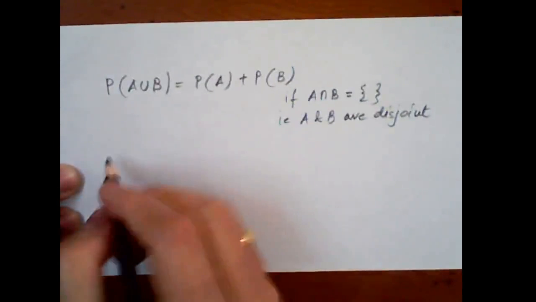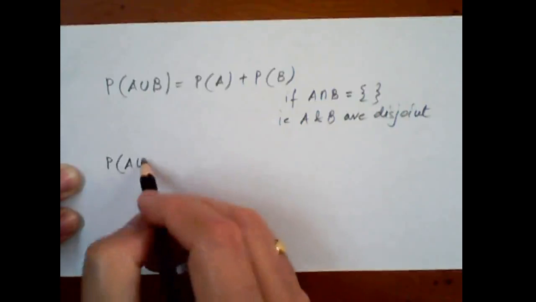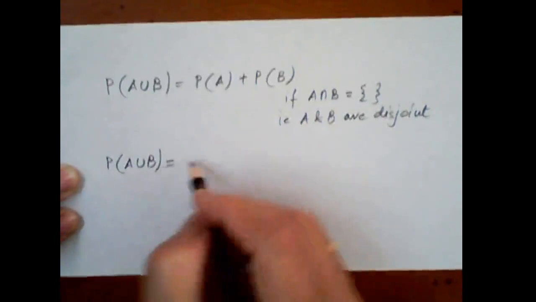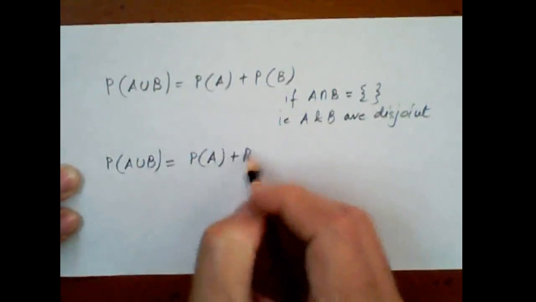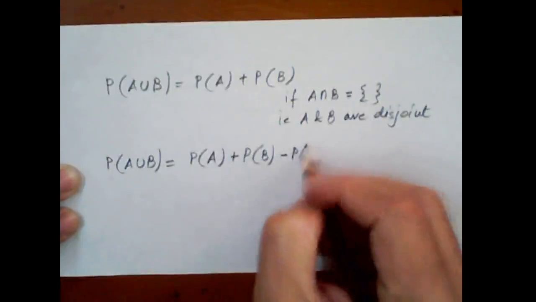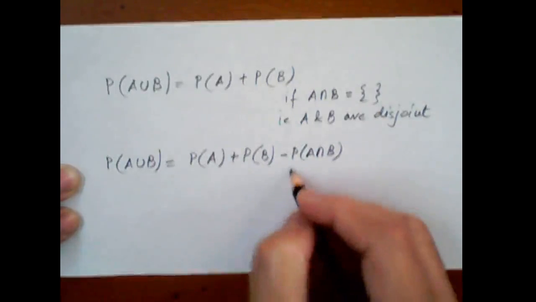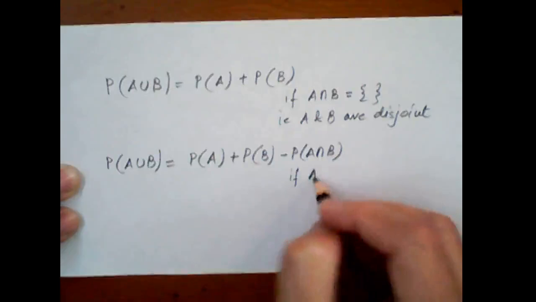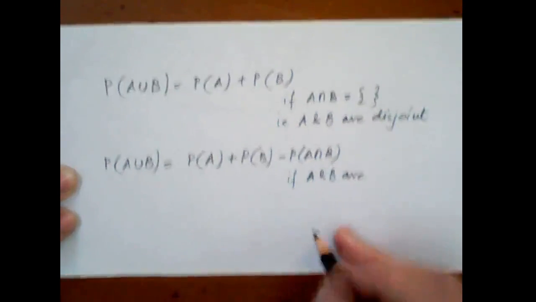And P of A union B is equal to P of A plus P of B minus P of A intersection B if A and B are non-disjoint.